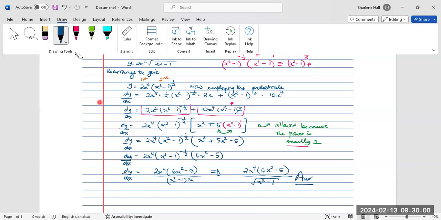Do you agree? Do you see what I have right there? Yes, sir. So, sir, basically only the top number changes, but not the denominator. Say it again.